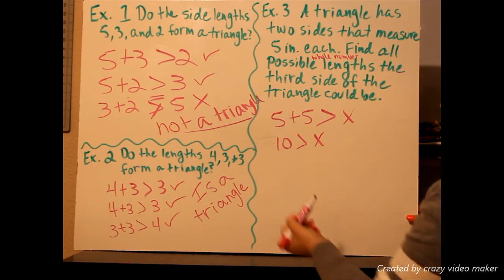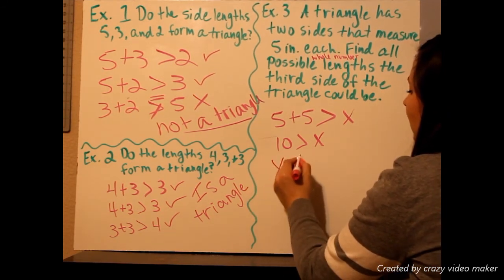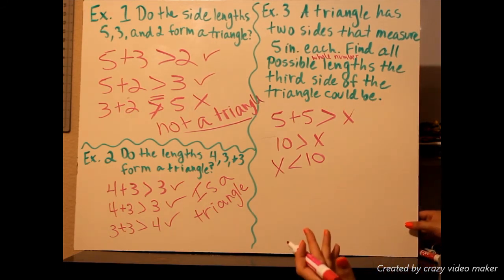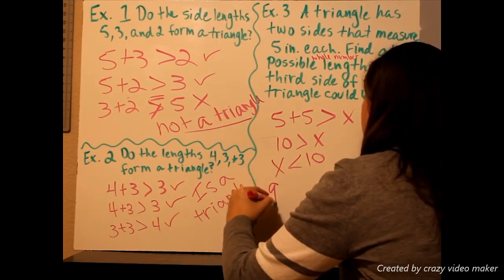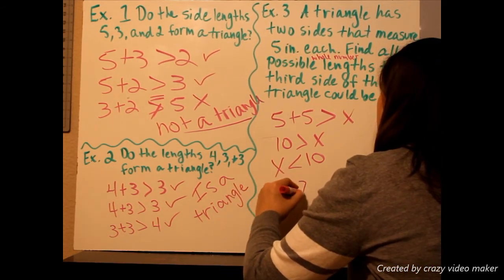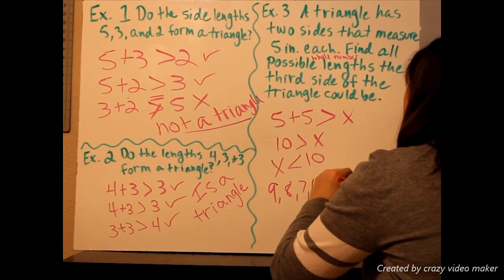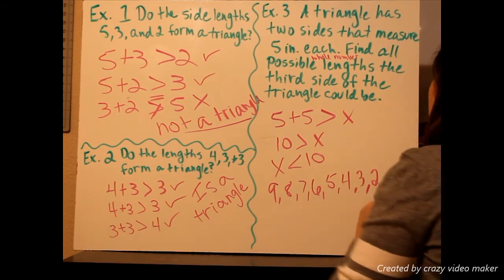Or in other words, the third side has to be less than 10. So now we're going to make a list of whole numbers that are less than 10. We got 9, 8, 7, 6, 5, 4, 3, 2, and 1.